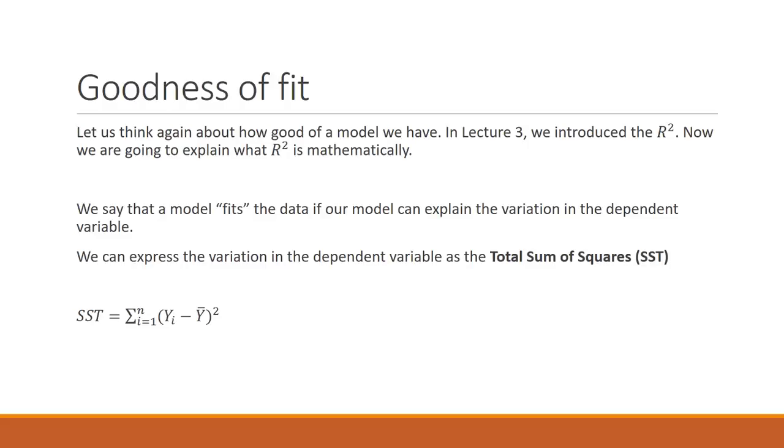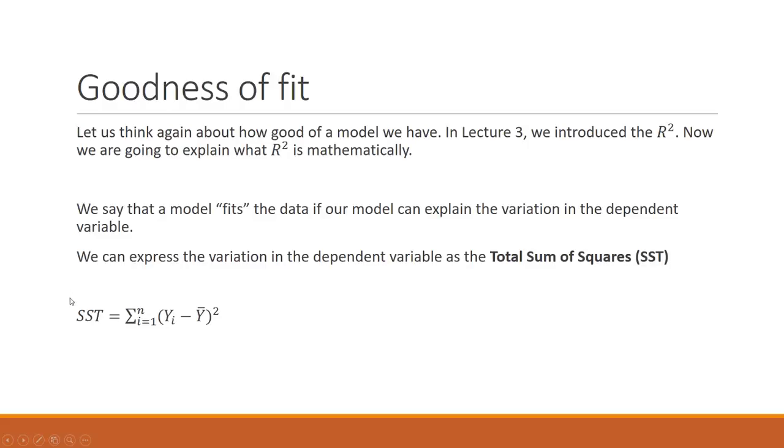We can express the variation in the dependent variable as something that we call the total sum of squares, which we abbreviate SST, so we put the T at the end. I'm not sure why. We also can say sum of squares total, I think that's where that is. This expression is a measure of the total amount of variation in the dependent variable.